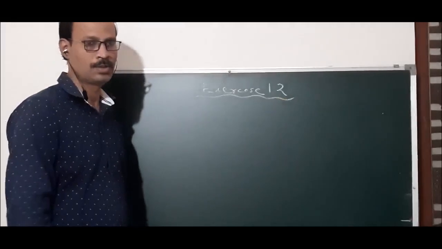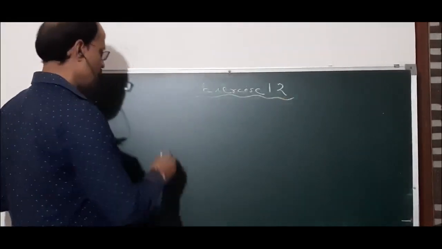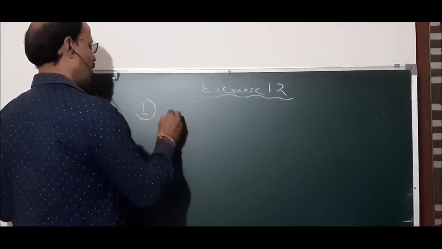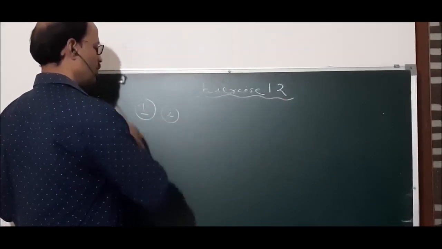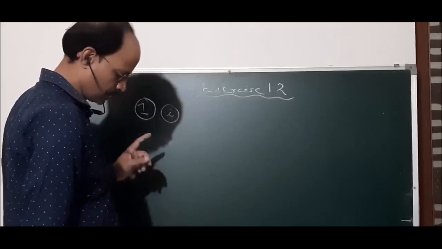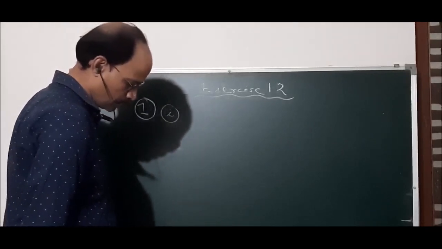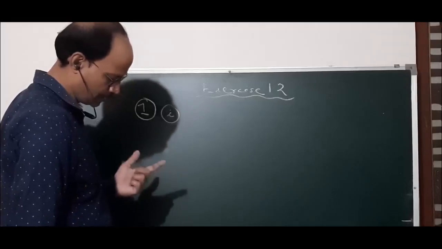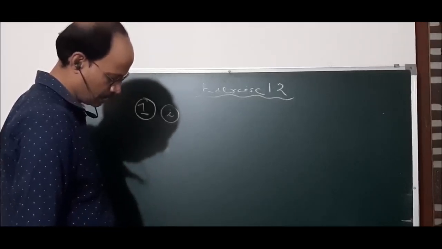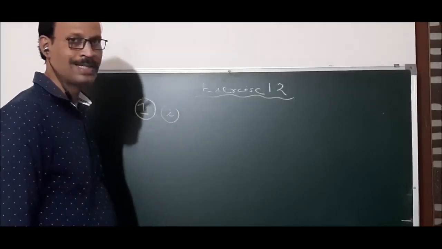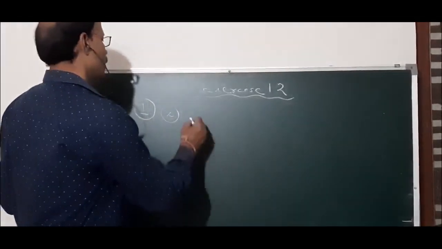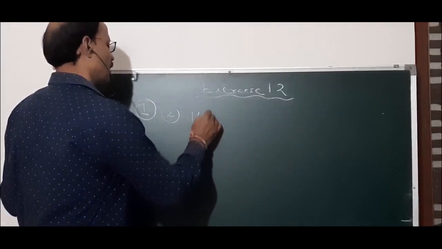Exercise 1.2. The first question, the first sub-question, says you have to express each of the numbers as a product of its prime factors. The number given is 140.